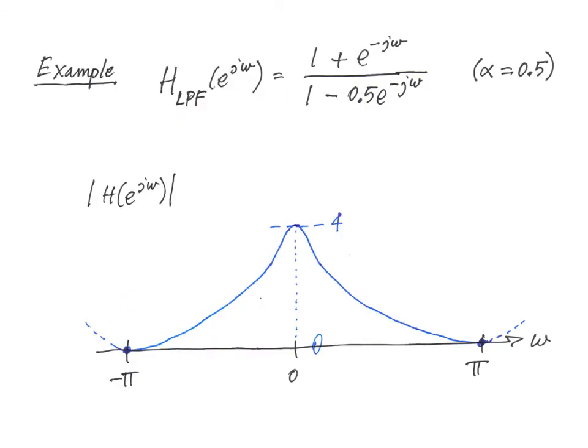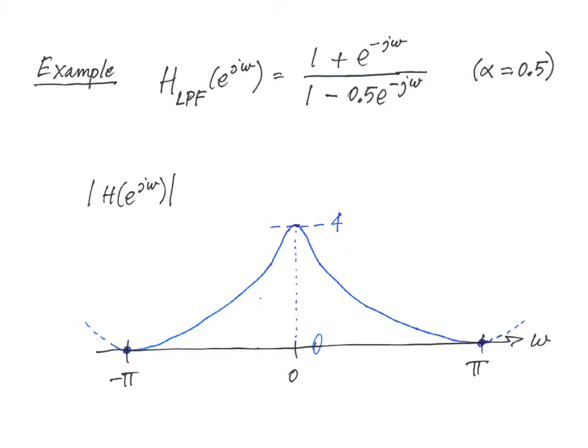For example, let's take that same expression and assume that alpha is equal to 1/2. I'll show you later how to come up with this plot on the computer, but hand sketched is the magnitude transfer function of the low-pass filter defined by that difference equation. And what we're looking at is one period of a periodic spectrum, as must be the case, because all spectra corresponding to discrete time sequences are periodic.